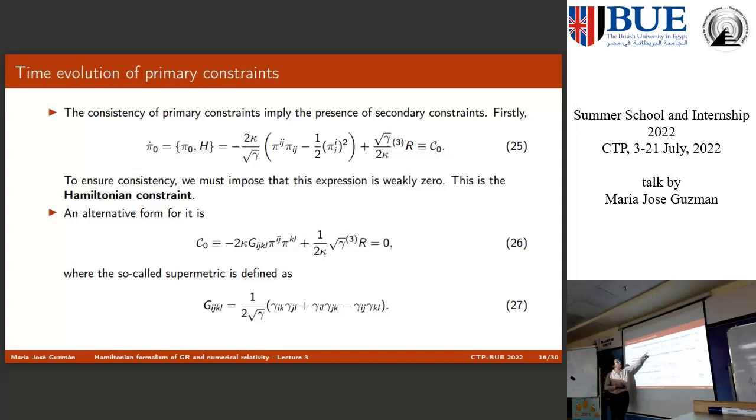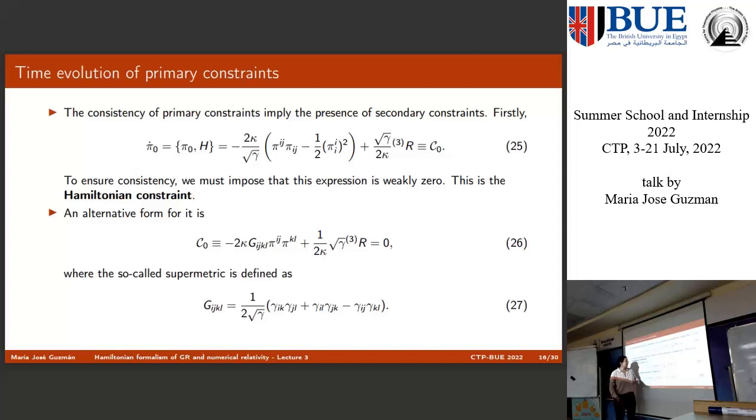This computation gives me something that looks very suspiciously similar to the thing that I obtained in the Lagrangian formulation, the Hamiltonian constraint. Once you express the extrinsic curvature in terms of these momenta, you just notice that the extrinsic curvature is the momenta.